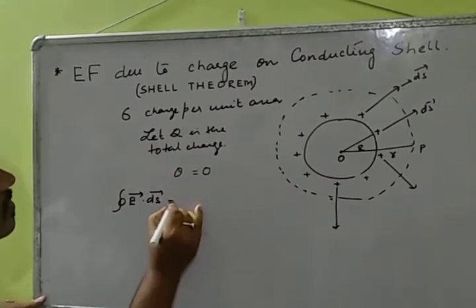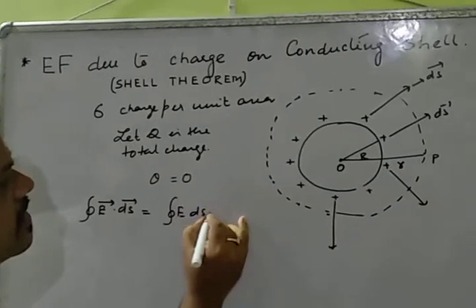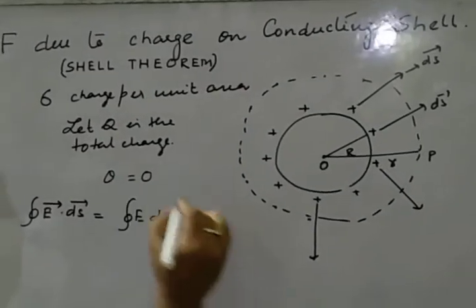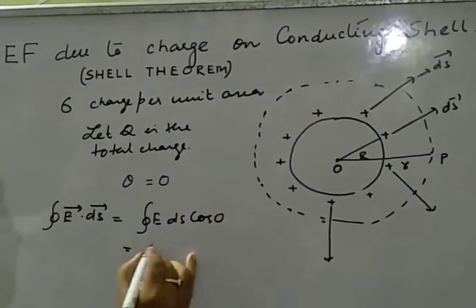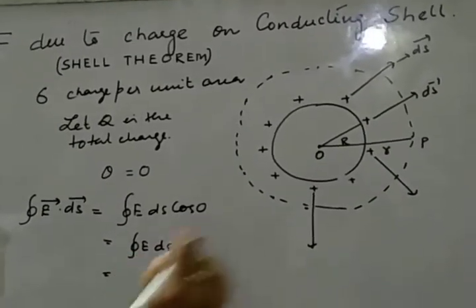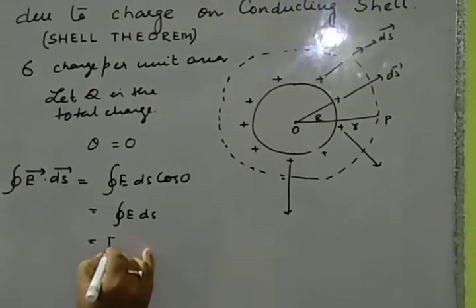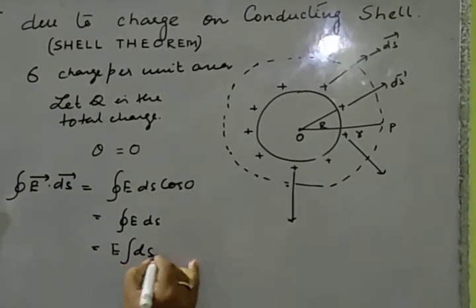So flux equals the integral of E dS cos theta, with theta equal to 0, so it is E dS. The electric field is uniform, the same at every point, so it comes out of the integration sign. So it is the integration of dS.